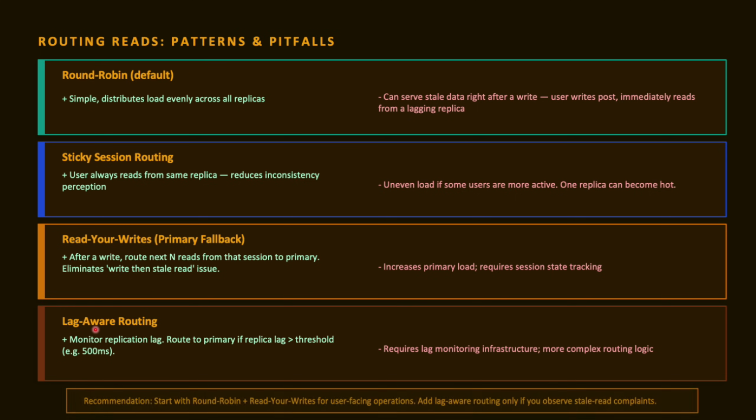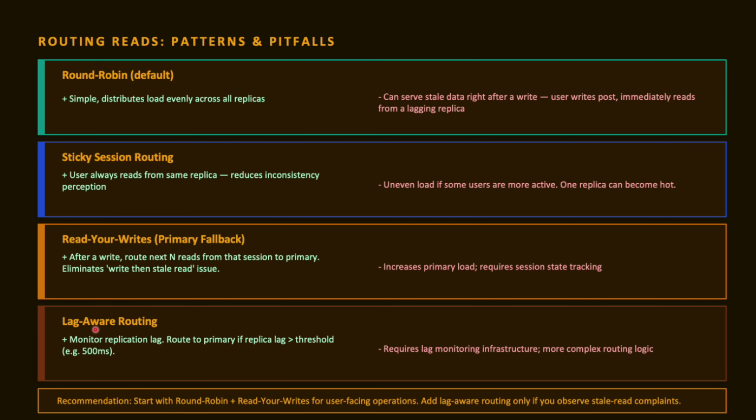So my practical recommendation is that you can start with round robin for most traffic, and read your writes for any user facing writes, like post a comment, upload a photo, place an order, right? And then you can skip lag aware routing unless you start seeing user complaints about stale data.